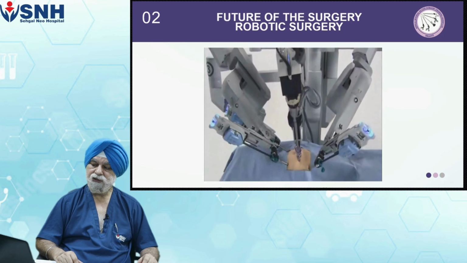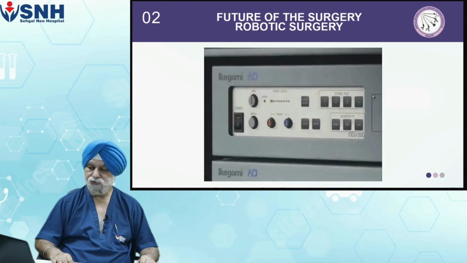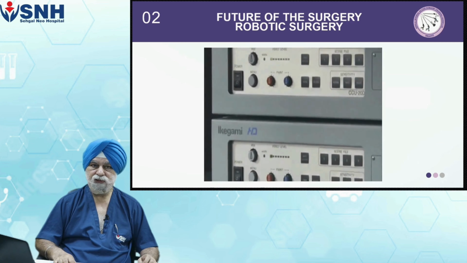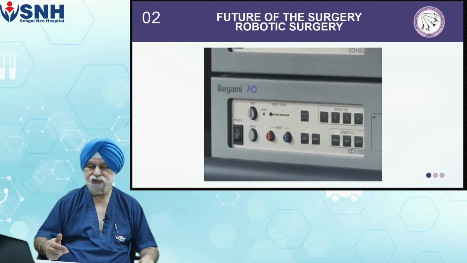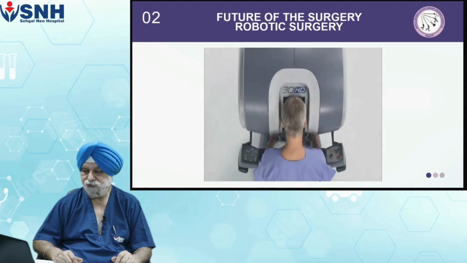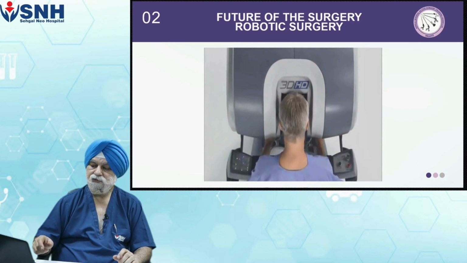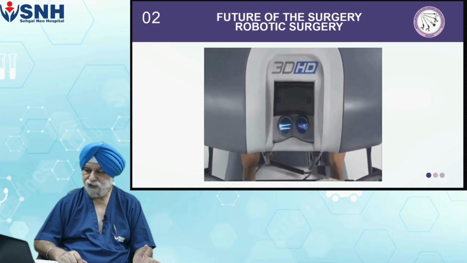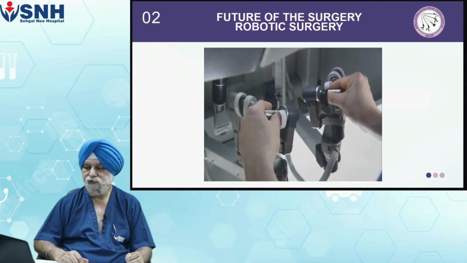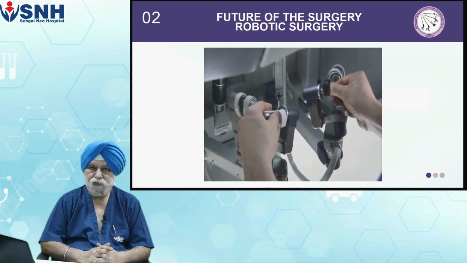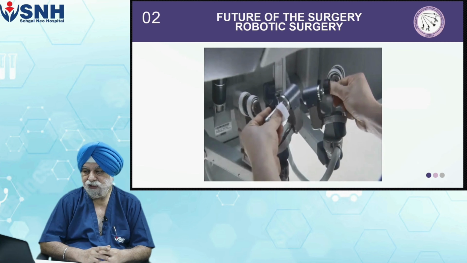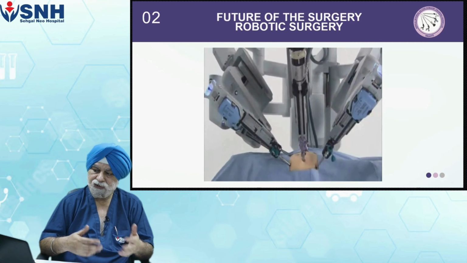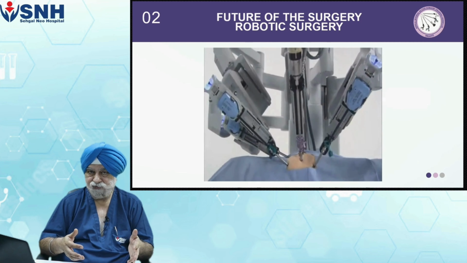So whatever movement he is making in the master console, the same movements are replicated exactly the same inside the patient. And then there are right and left pods. This is a view port, through which the surgeon will put his head into the view port. Only when the head is in the view port will the instrument become active.